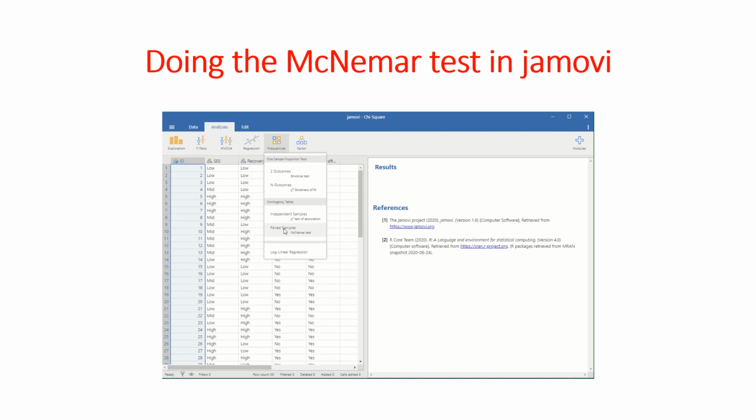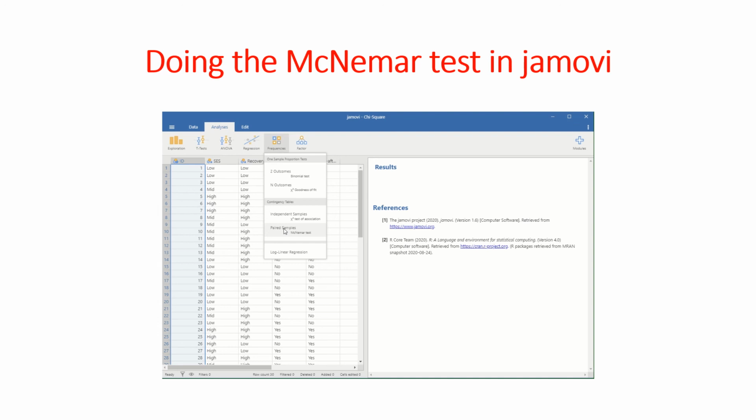So this is a paired sample design or within subjects design, and it violates the assumption of independence. That's why we cannot use a normal chi-square test. So we need to use a McNemar test.